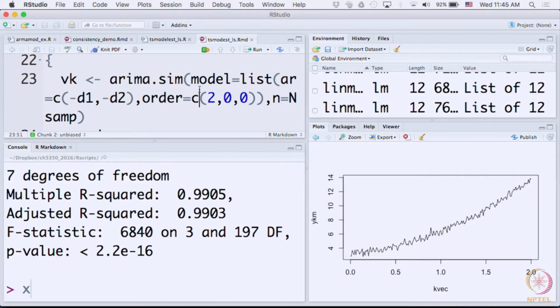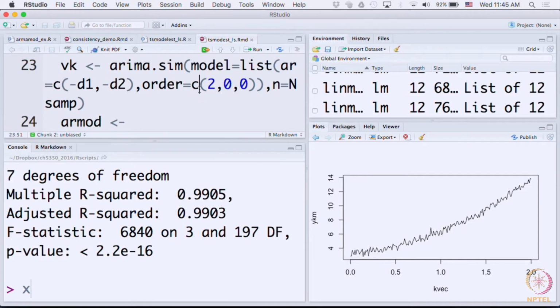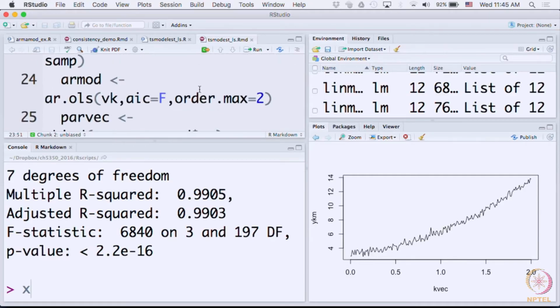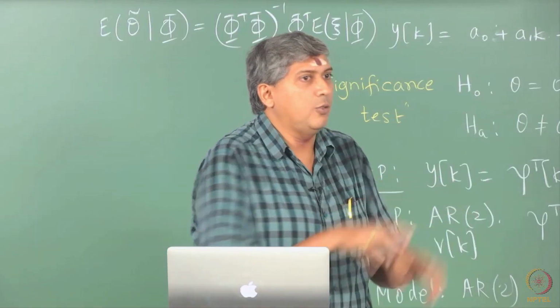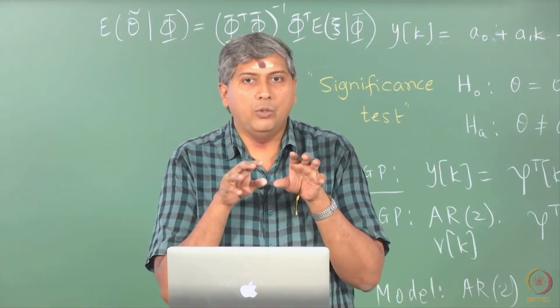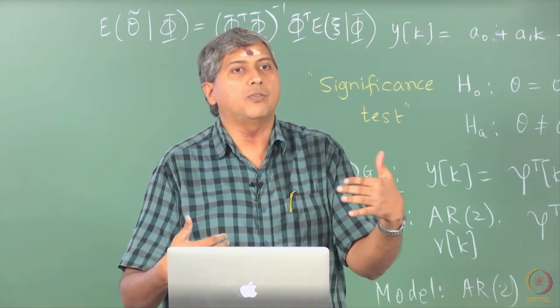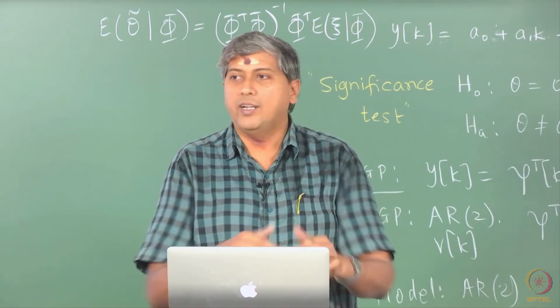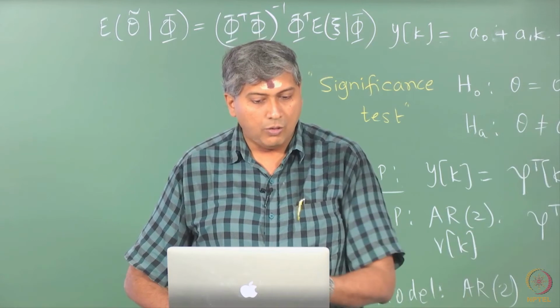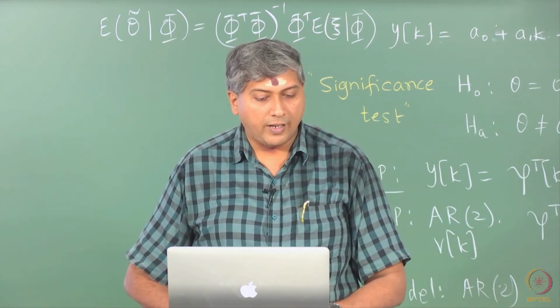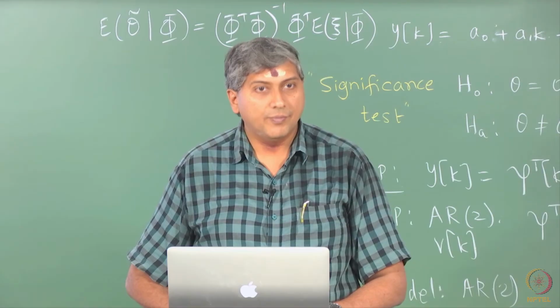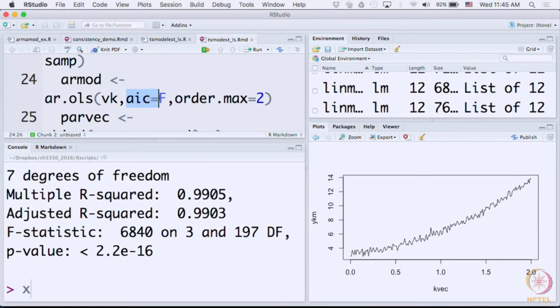I am supplying the coefficients and the order. And what I am doing is fitting a model of order 2, an autoregressive model of order 2, using the least squares method. In R you have AR.OLS, you have AR.Burg, and then you have AR.Yule-Walker. There are many methods for estimating AR models, of which we are interested in OLS. So, remember, look at the syntax here. I am supplying the series of length n and I am setting this AIC option to false.